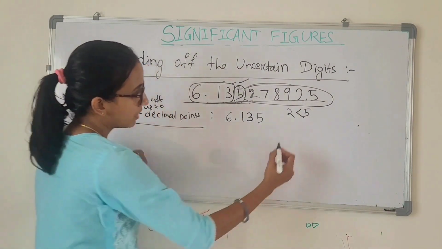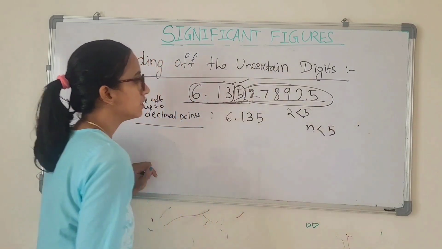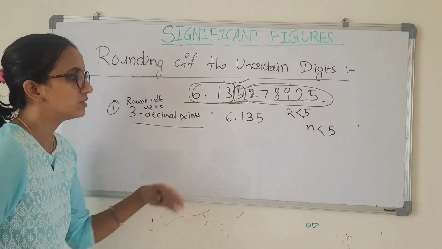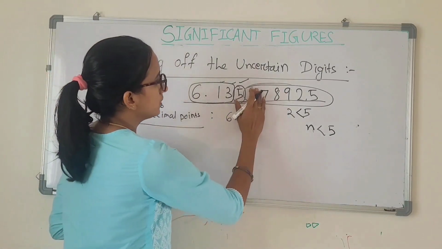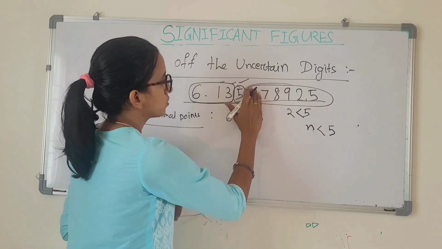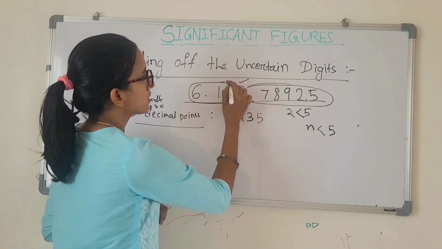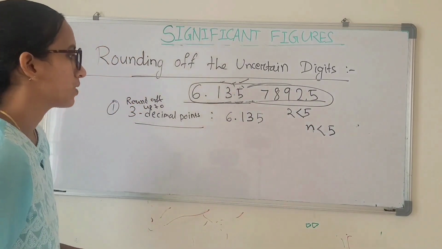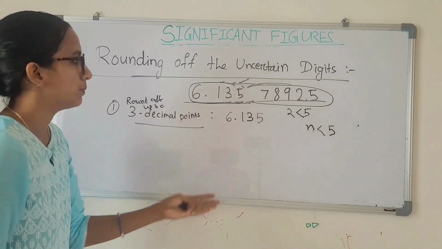If the number is less than 5, you need not think much; you just write it as it is. Suppose I erase this 2. The number is like this, 6.1357899 25, and the question says round off up to 3 decimal points.